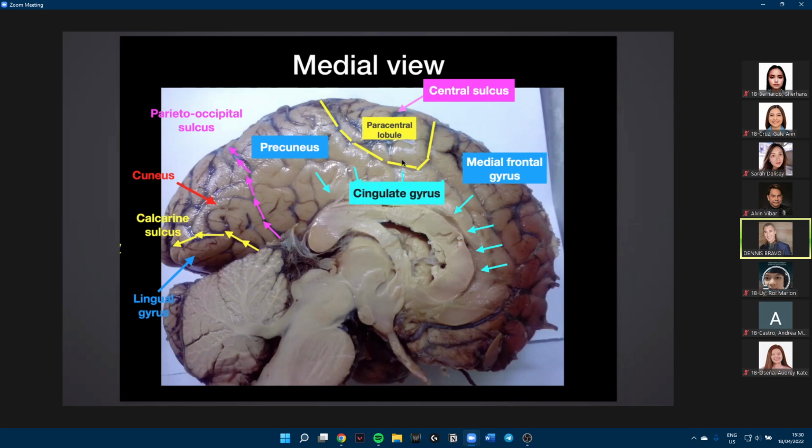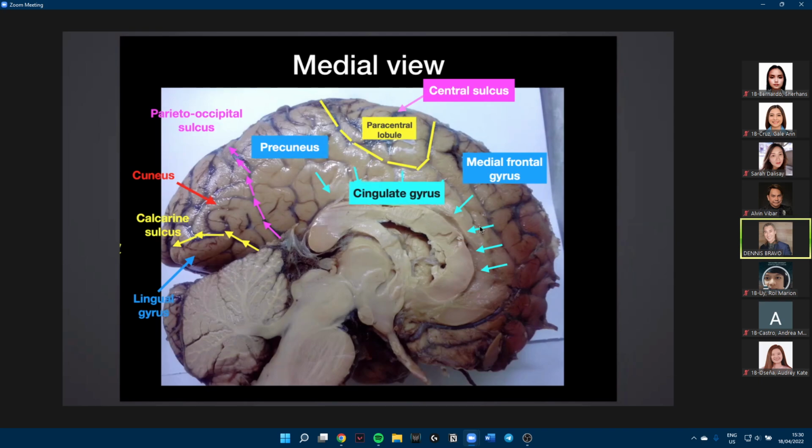Now, let's go back to the corpus callosum. Right above the corpus callosum is this gyrus. We call this gyrus the cingulate gyrus. So it lies on top of the corpus callosum. Now, this cingulate gyrus is separated from the medial frontal gyrus right here by this shallow groove.